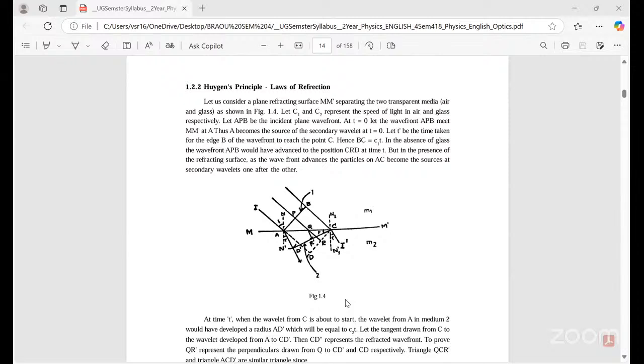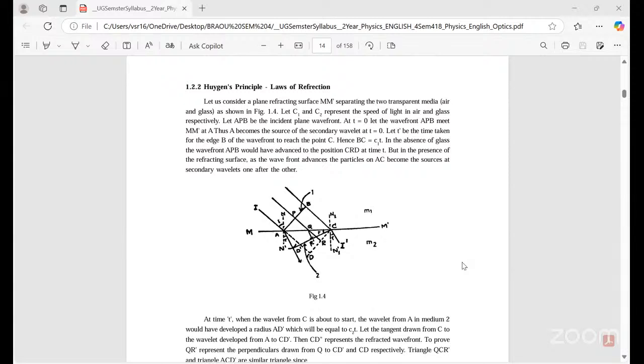This phenomenon is related to refraction. So here M1 and M2. MM dash is the smooth surface, but here different media are considered. Getting my point? So MM dash is the refracting surface, which separates the two transparent media.